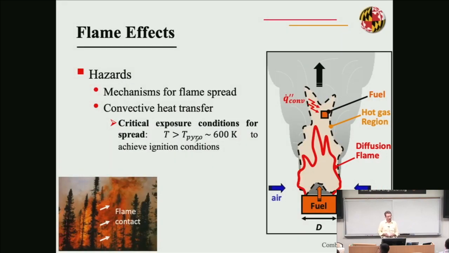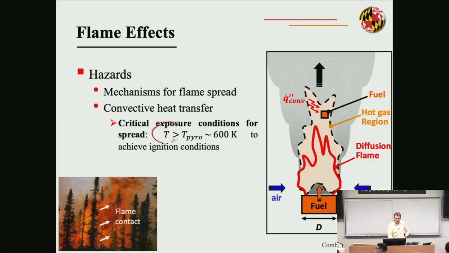If you are looking at convective transfer, it is basically the idea that when you put unburned solid biomass vegetation in contact with hot gases, whether it's the flame or the plume, then if these gases are hot enough, you're going to get enough heat transfer to start the pyrolysis processes.